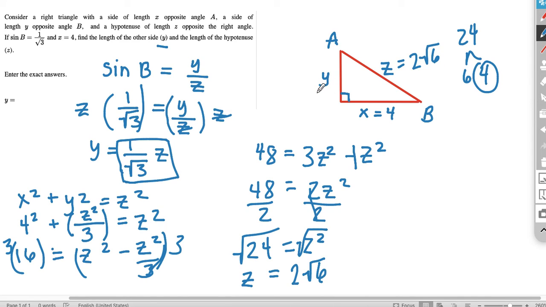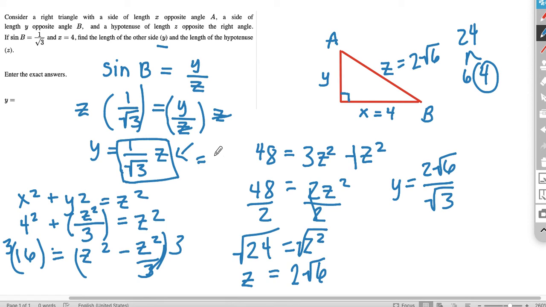Now I need to get y. Well, that's not too hard to get because I already have y equals this equation. So I'm just going to substitute in for z, which is 2 square root 6.